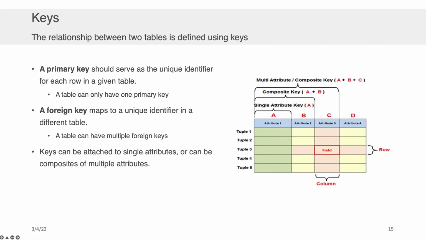Another thing to note about keys is that they can be attached to single attributes or can be composites of multiple attributes, meaning that you don't have to have a dedicated column called ID and attach a primary key to it, although that's a common thing to do. You could technically specify a set of attributes in your table, like two columns, and those together, insofar as they always uniquely identify the contents of a given row, could be used as the key for your table.